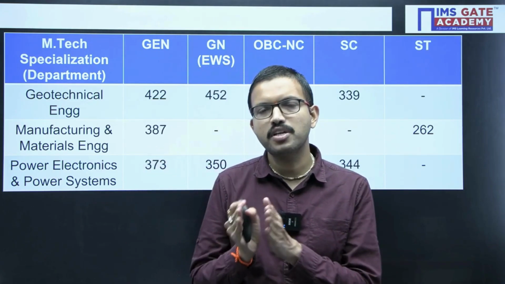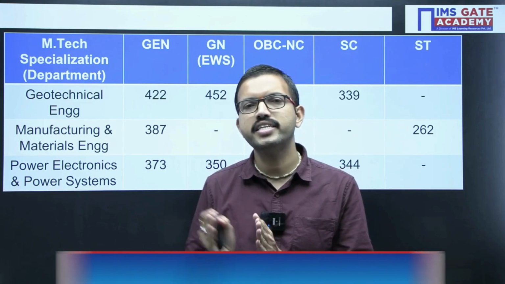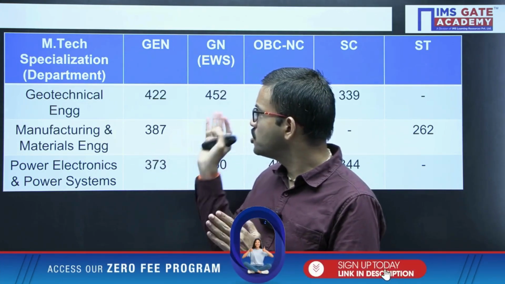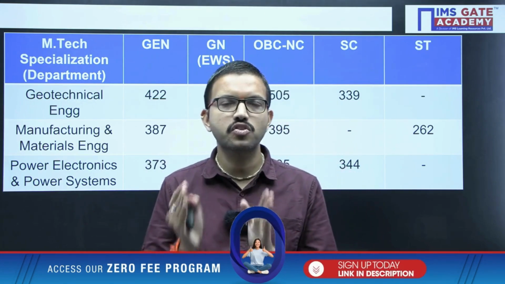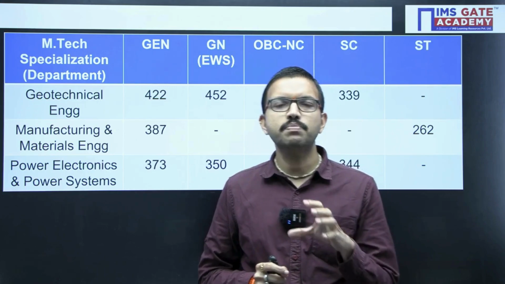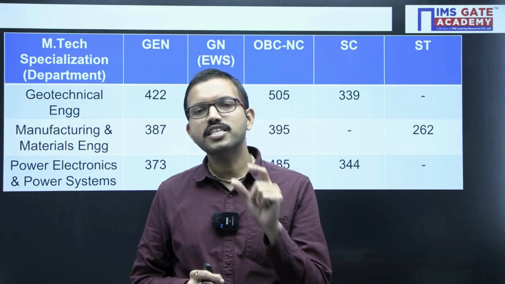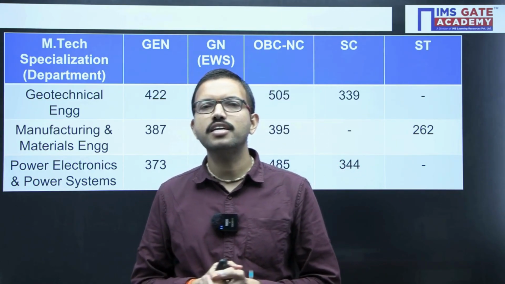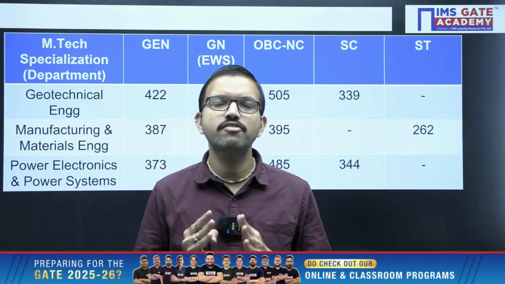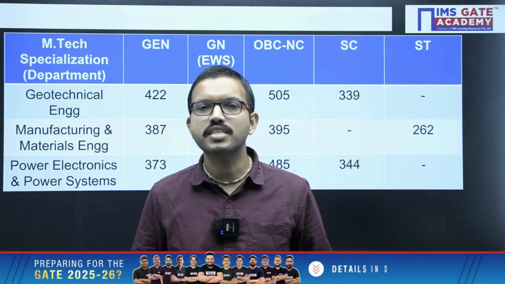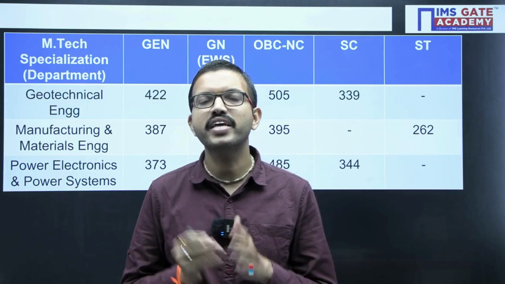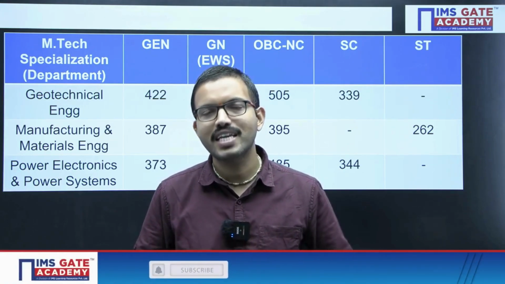Even if you are getting below 600 or around 500 GATE score with respect to the branch, or even around 400, still you have the chances, right? So in this manner, whatever the spot round admission is there, especially for whoever has written the GATE exam multiple years and put in hard work but is unable to get more marks, you might have a lower GATE score.